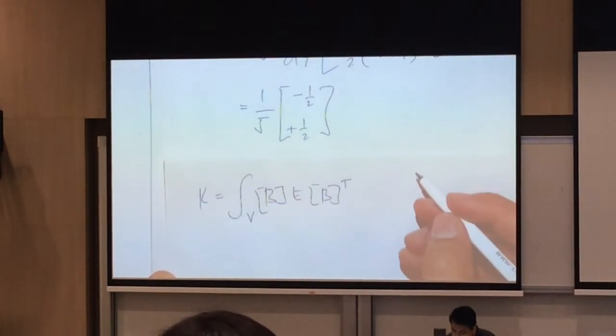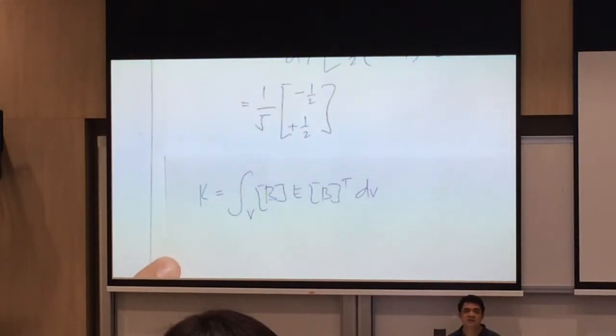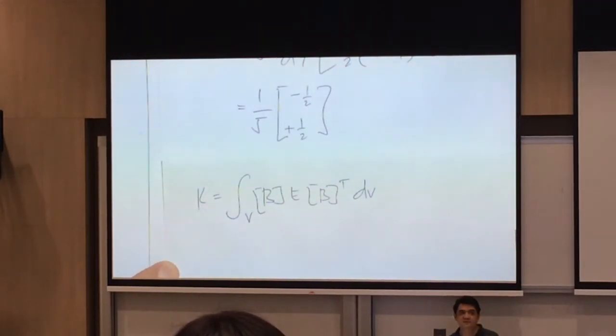Yes? That is dV. Let's put in values here. I'm just going to bring out E. So we have the volume integral, that's E. And then I'll put in this B here.